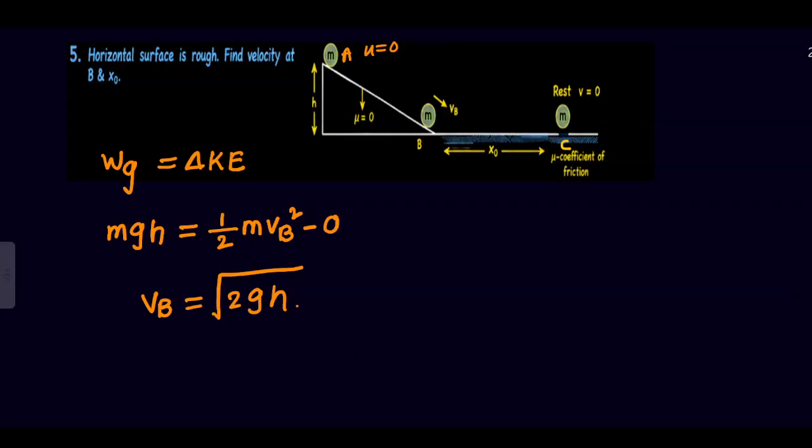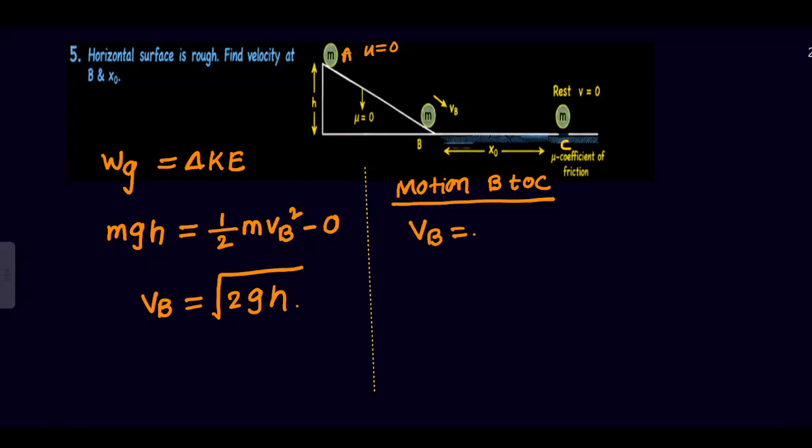Now with this velocity, the block will start moving from B to C. Now at the point C, the velocity completely becomes 0. So now B to C motion we are talking here. In the B to C motion case, initial velocity means Vb. Initial velocity is how much now?